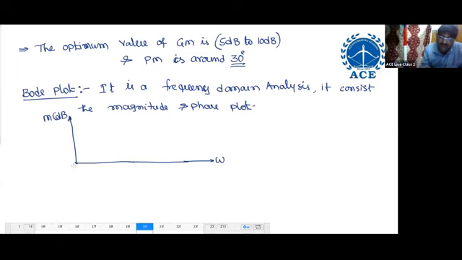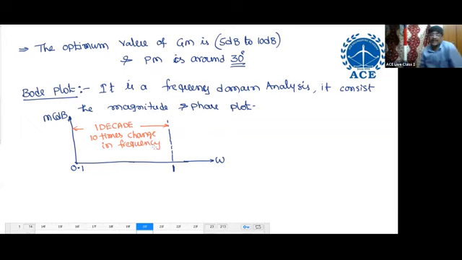Frequency, for example, is 0.1. What is one decade frequency? What is the meaning of decade? One decade means a 10 times change in frequency. 0.1 to 1 is one decade.